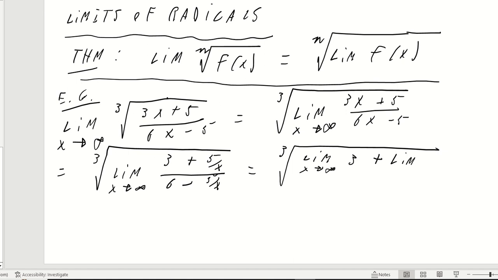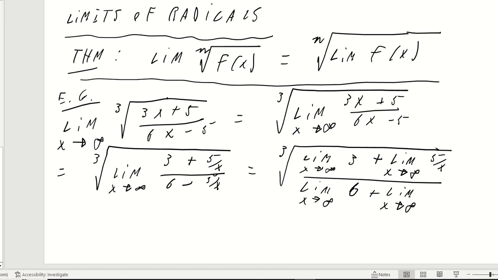So we can also get the limit as x approaches infinity of 5 over x. And this is all over the limit as x tends to infinity of 6 plus the limit as x tends to infinity of 5 over x. Sorry, this should be minus. Okay, so then we just evaluate these limits, and then we'll get the cube root.